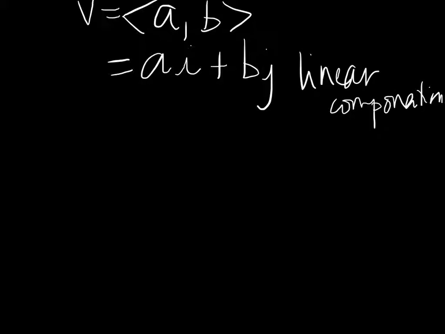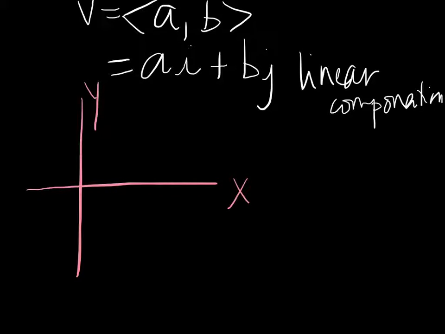Really, where that comes from is, if you're on an x and y axis and you have a vector v, again, vectors show something, an object that has direction and magnitude and length. This is vector v. It can be written this way.